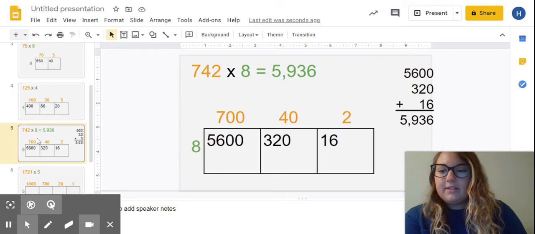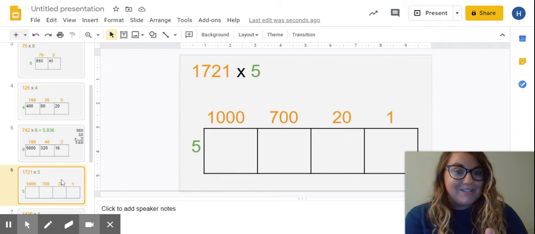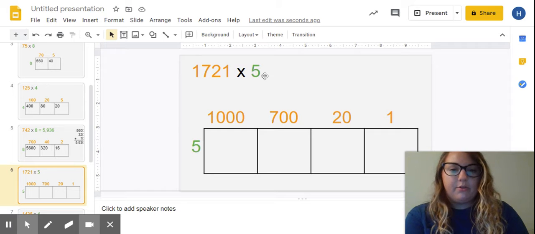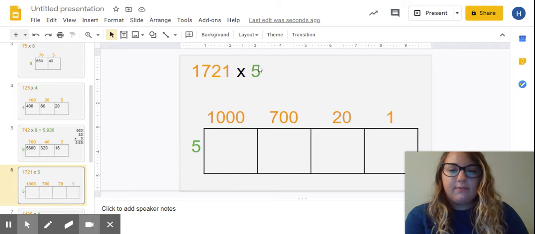So now that we have looked at multiplying 3-digit numbers by 1-digit numbers, we are going to now tackle 4-digit numbers by 1-digit numbers. So here I have 1,721 times 5.